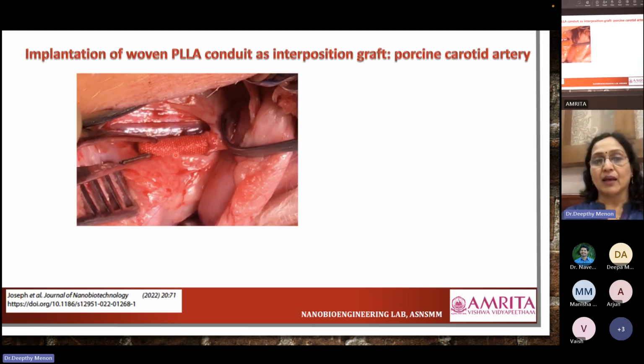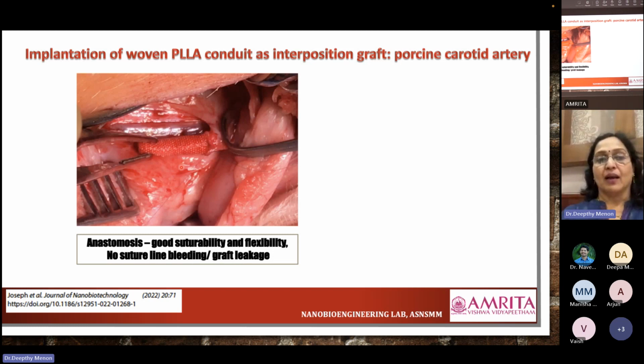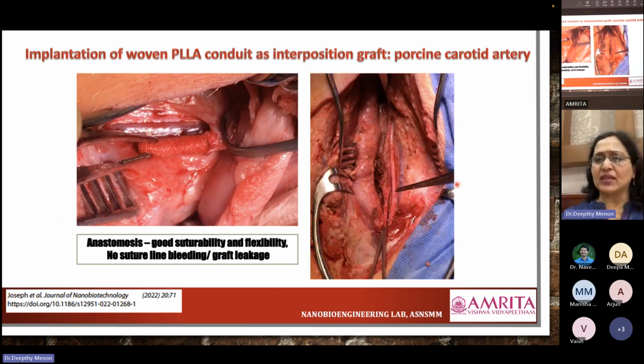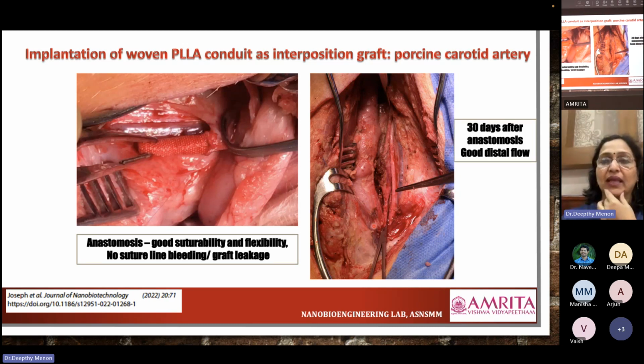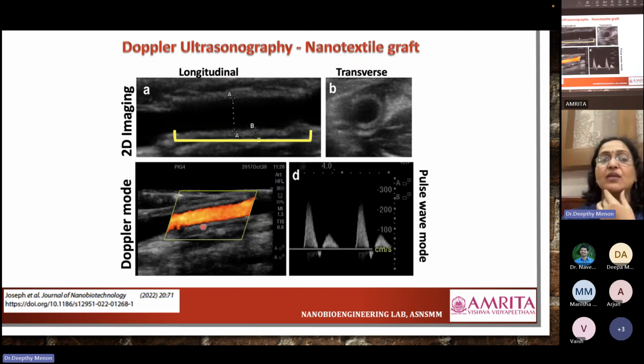You can see this is the woven graft which was put together with the normal thing, and I'm not showing the videos. These are all videos, in fact. And you can see that the material was thoroughly intact, and blood flow was monitored 30 days after anastomosis. This is Doppler showing that blood is flowing through this graft material. This is ultrasound image.